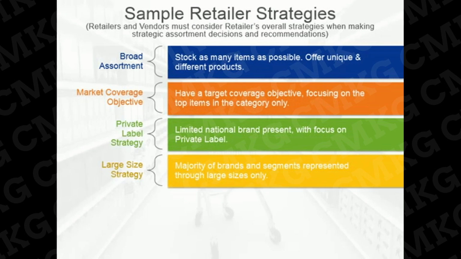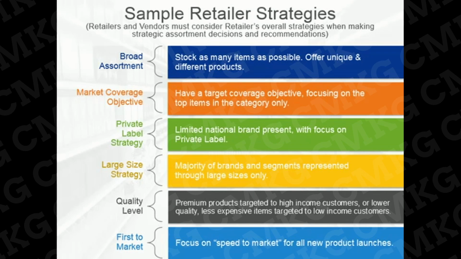Here are the most common retailer strategies associated with product assortment. Vendors need to understand each retailer's unique strategies to make recommendations that consider and align with their overall assortment strategies. A one-size-fits-all approach is not going to work.